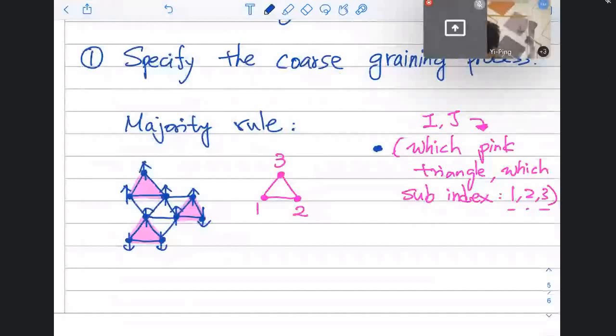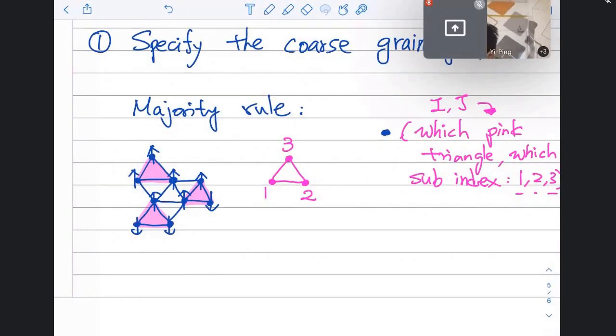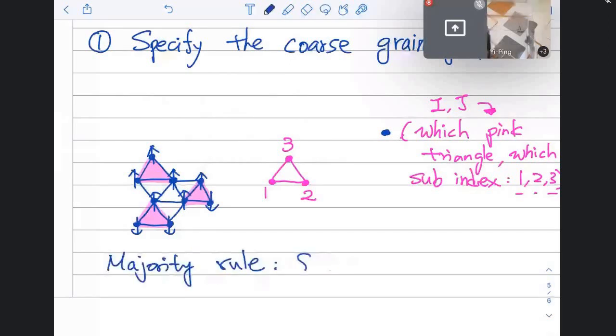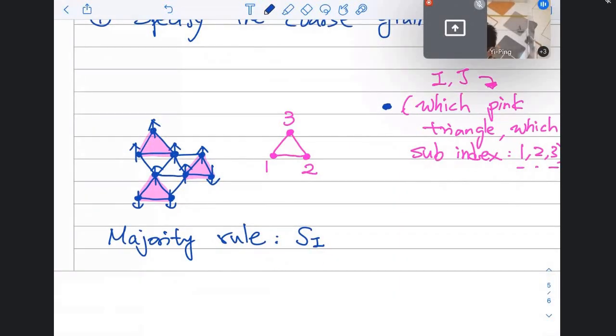The majority rule is that there's a coarse-grained degree of freedom, which we call S_I, and this subindex capital I represents one of the pink triangles. On this pink triangle it is defined as the sign of the summation of the spins belonging to the same triangle.